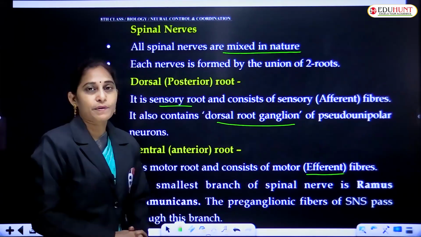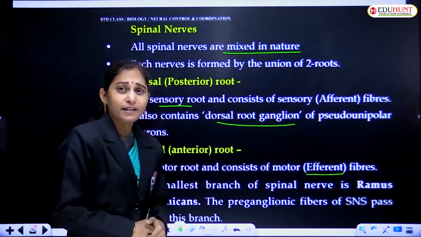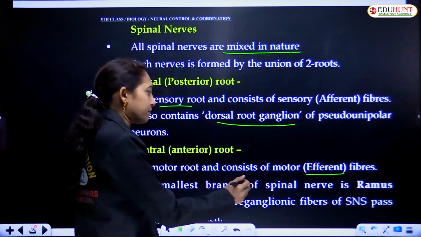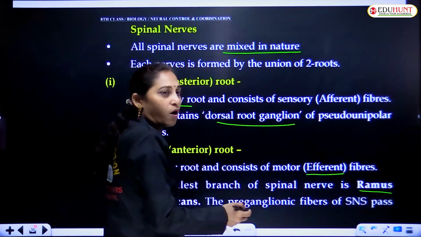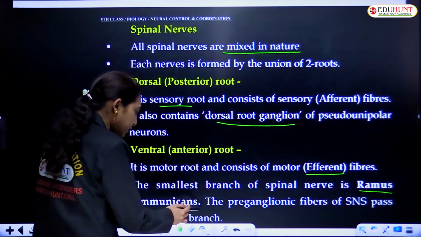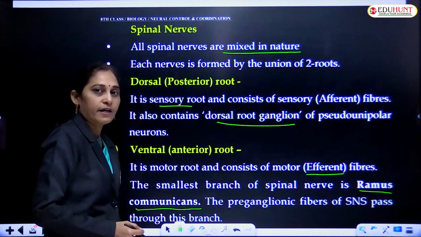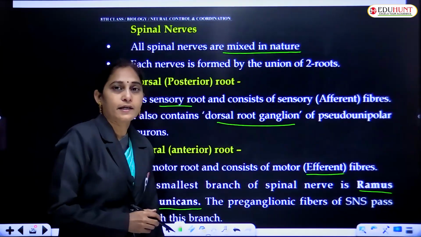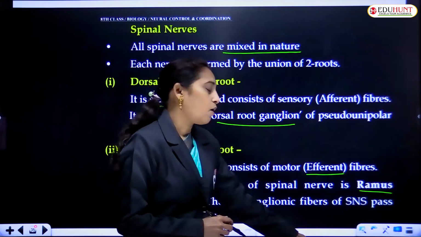The smallest branch of the spinal nerve is the ramus communicans.